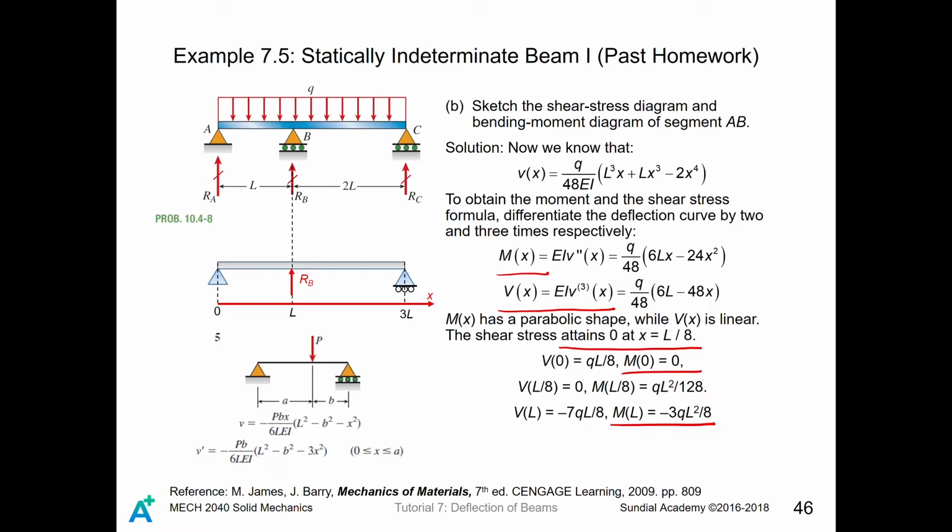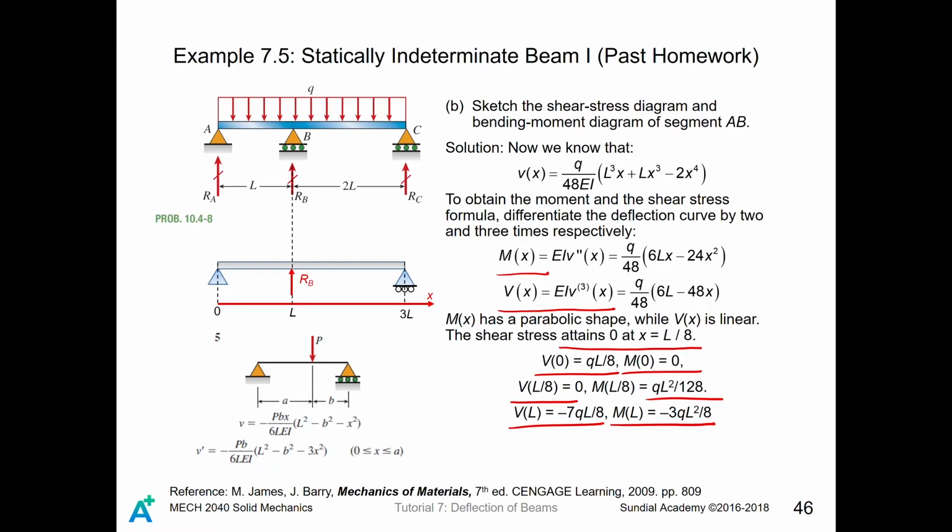We don't know whether it is a maximum or minimum, but anyway, it is an extremum obtained at x equals L over 8, and the value is QL squared divided by 128. And correspondingly we can have V, the shear force, at different positions.